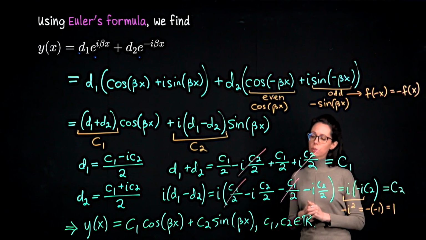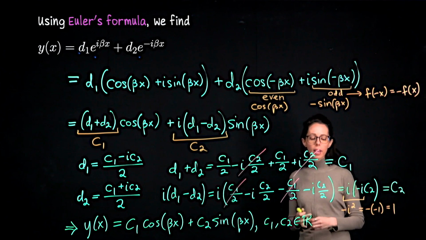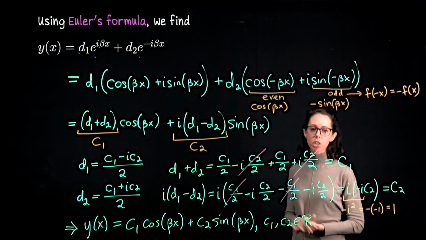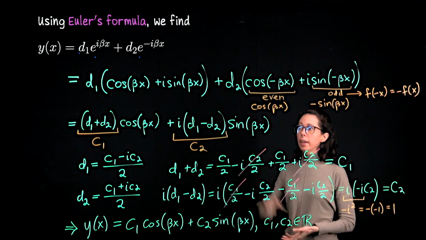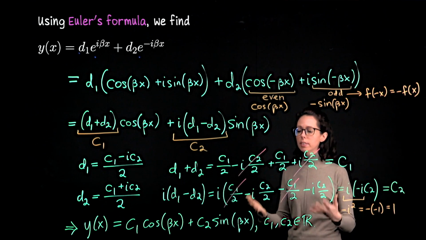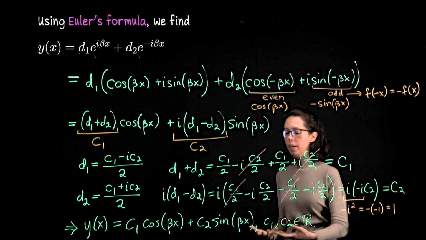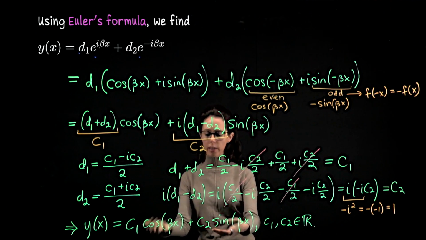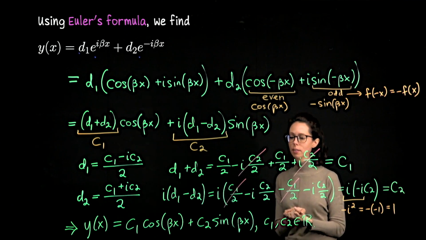This is giving us a solution like we had before, particularly when we looked at the situation of having real and distinct roots. Here we have distinct roots, i beta and negative i beta. So we have distinct roots, but they just happen to be imaginary. So instead of exponential functions, we ended up with these trigonometric functions.